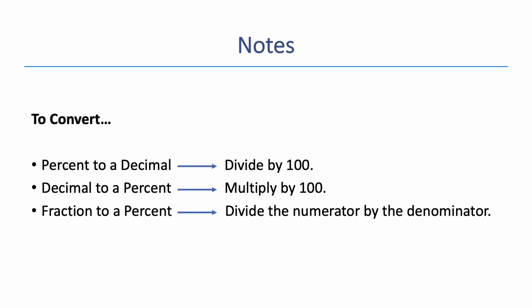To convert a decimal to a percent, we multiply by 100. To convert a fraction to a percent, we divide the numerator, which is the top number, by the denominator, which is the bottom number. Now let's look at some examples.